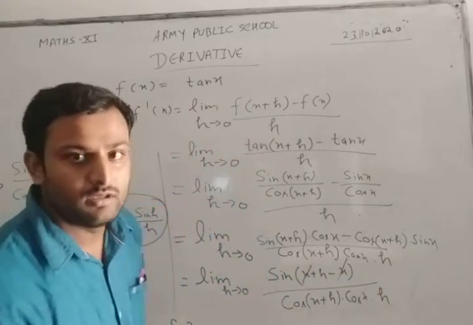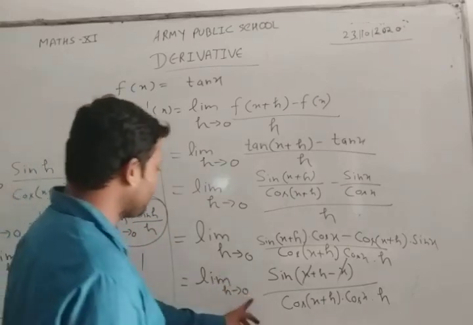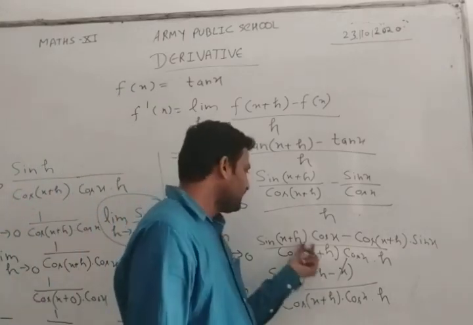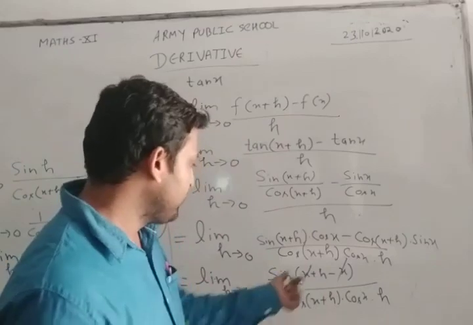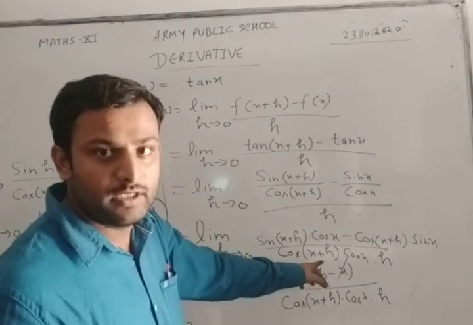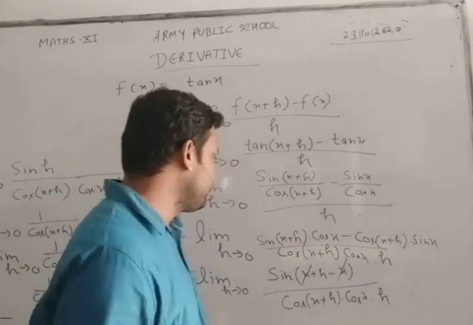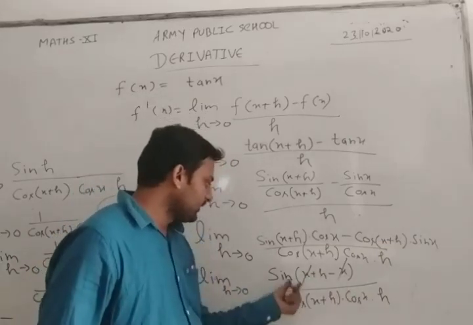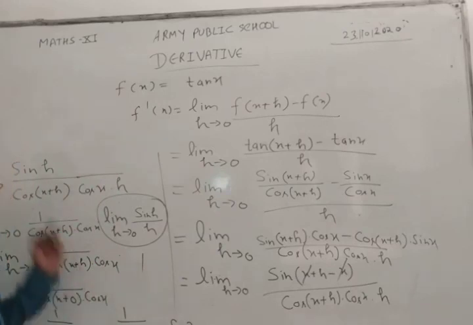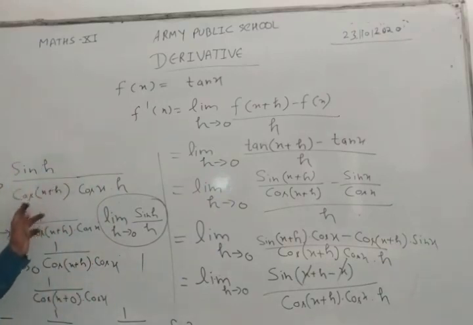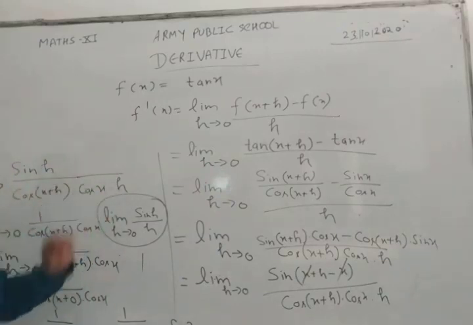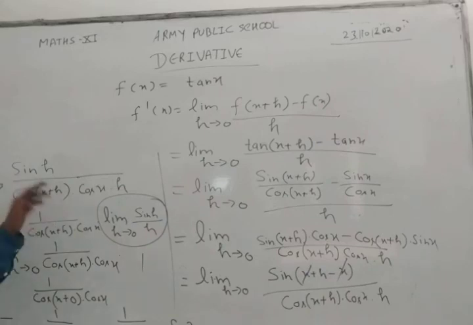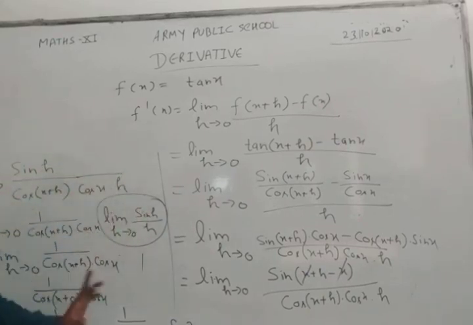Okay, now limit h tends to 0. This is the formula of sin(a minus b), sin a cos b minus cos a sin b. So we write sin(x + h minus x), and x and x will reduce. We get sin h divided by cos(x + h) cos x into h. Now we separate the limit, we write the limit with sin h, and this h will adjust with this.